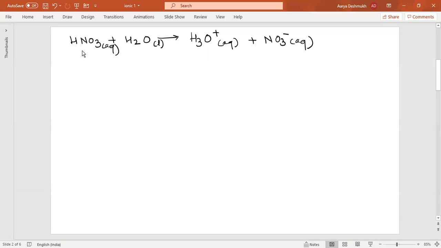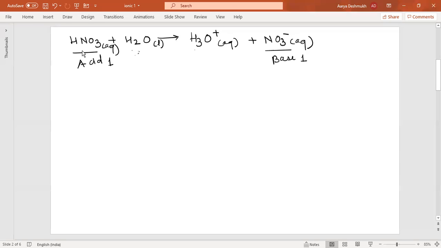This is liquid. Now here HNO3 donates a proton and acts as an acid. So this is your acid 1. After donation of a proton, it will be converted into nitrate ion. So this will be your base 1. So this is the way you decide the acid-base pair. H2O here, you can write, is H2O in liquid form.